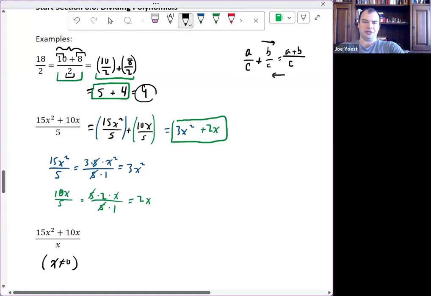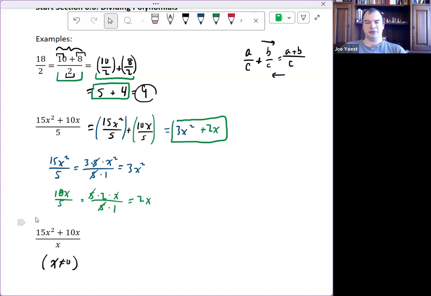Is there anything else that really changes? Do I have a common denominator that I can split up? Well, yeah. X is just a placeholder for a number. If that was over 3 or over 5 or over -2, I could split those fractions up just fine. I can split it up with an x in the denominator just fine.